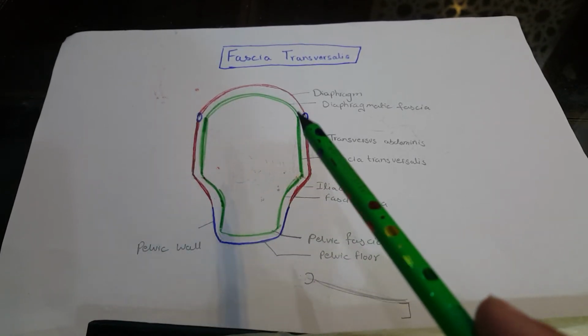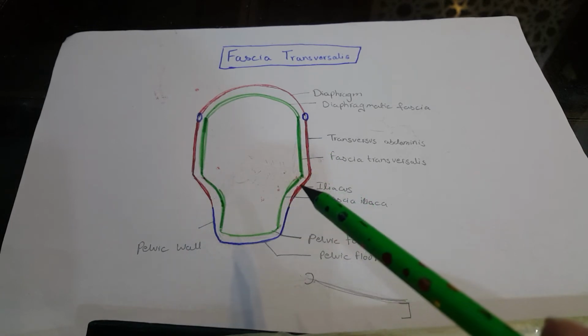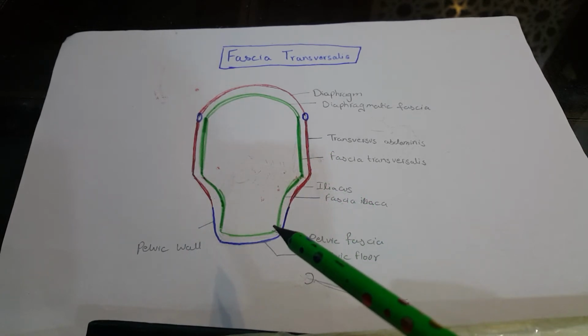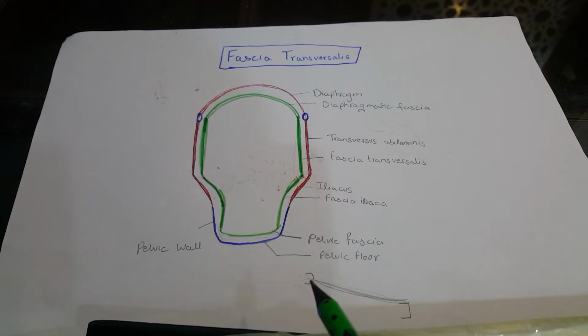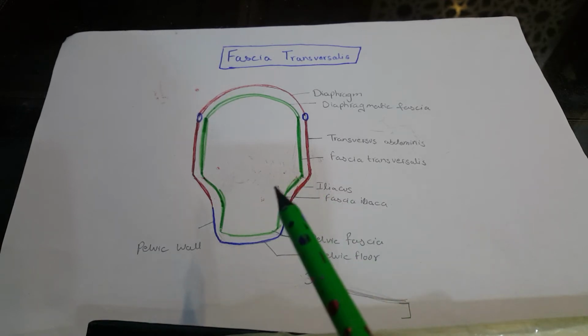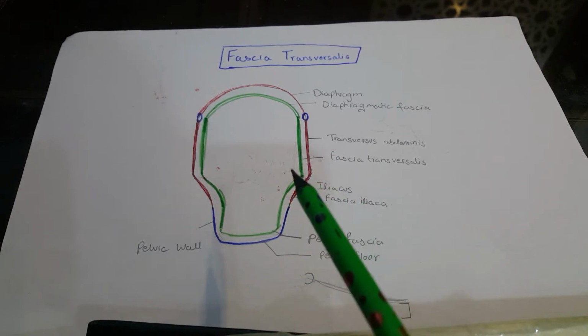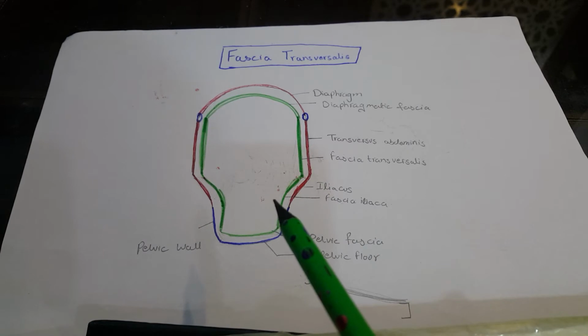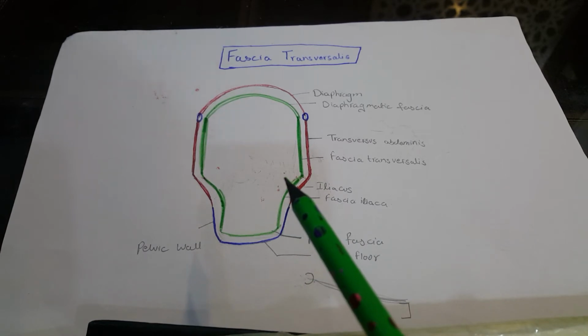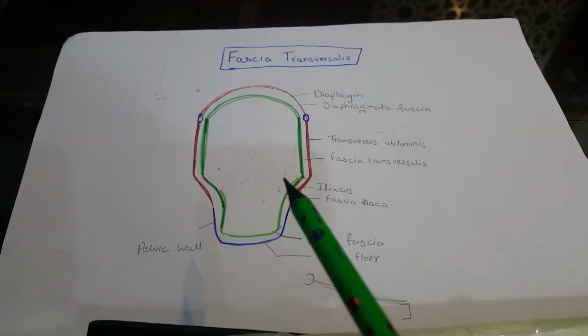So superiorly diaphragmatic fascia is present, inferiorly fascia iliaca is present, medially and inferiorly it is attached to the pubic crest, pectineal line, pubic tubercle. Anteriorly linea alba is present, posterior to the fascia transversalis, thoracolumbar fascia is present.